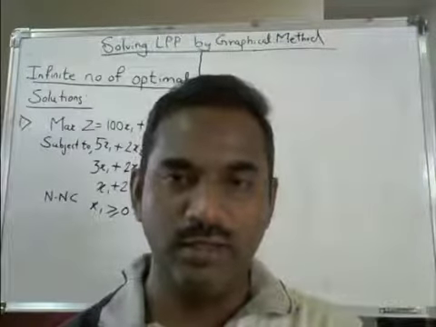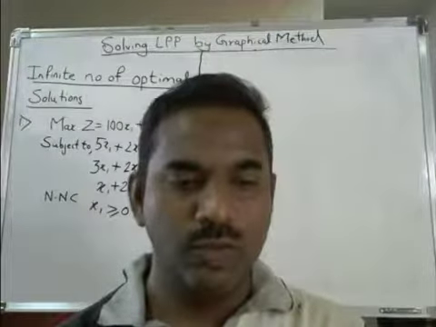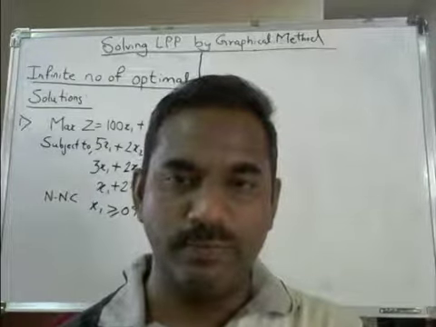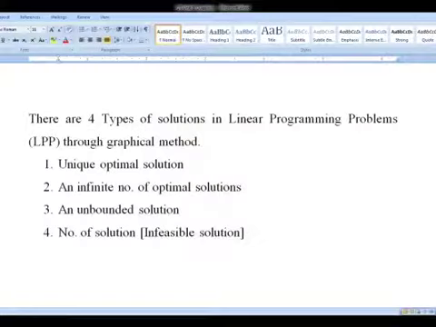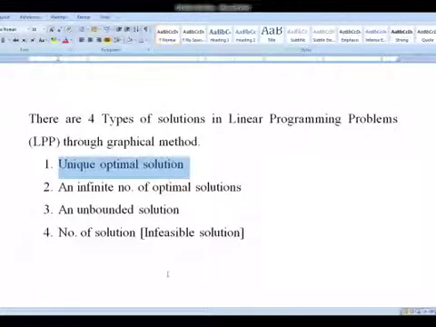Let us see what are the different types of solutions we'll get. There are 4 types of solutions in linear programming problems through graphical method. All this time we have solved some problems where we have got a unique optimal solution. Now what do we mean by unique optimal solution?